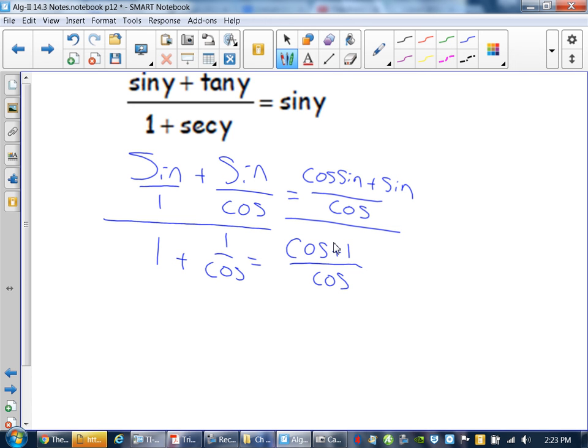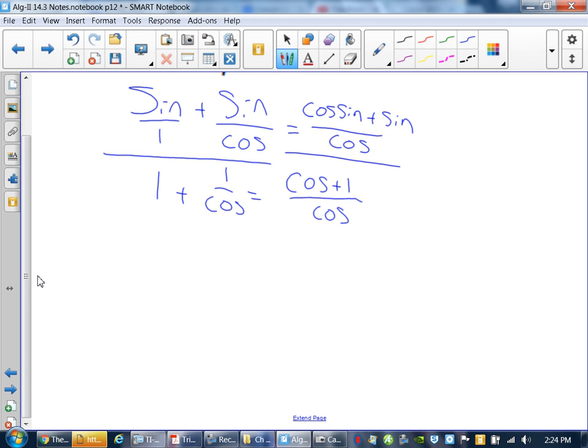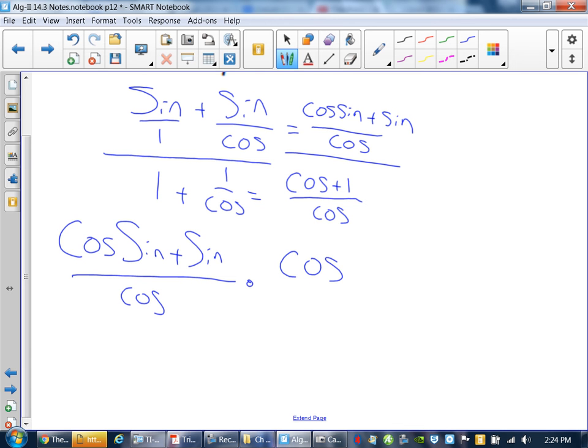And so you have two denominators now. Are you all right with that? Multiply by the reciprocal from the bottom. We have sine plus sine over a cosine times a cosine over a cosine plus 1.